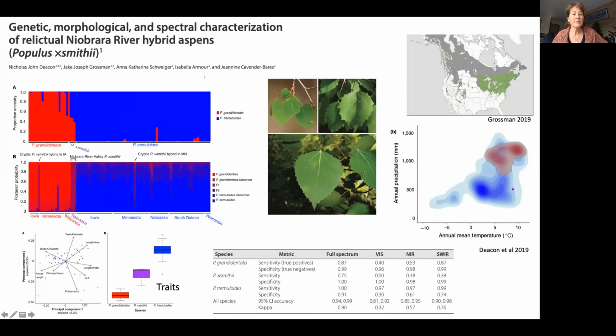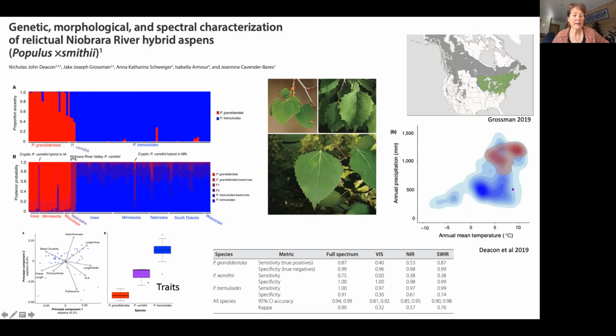In another study, we were working with aspens, 2 parental aspen species, Populus grandidentata and Populus tremuloides, and then we were trying to determine if a population in Niobrara River was a hybrid, and we did the genetic work for that, but this is using spectral information and functional traits to differentiate the hybrid from the parental species.